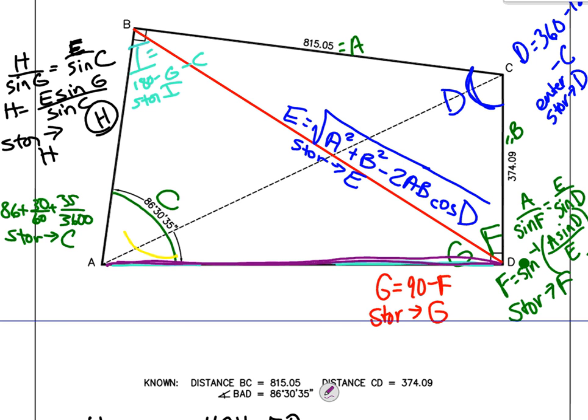And for that one, I'm going to call that J, and that will be an answer that I'm giving. And I'm going to say J over the sine of I equals that same C over the sine of capital E.